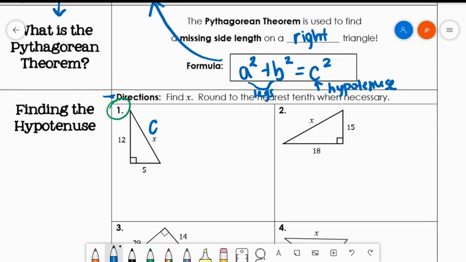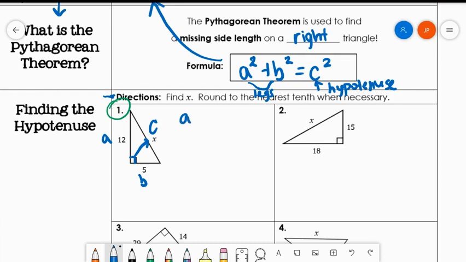An easy way to tell, though, is start at that right angle and go across from it. Whatever's across from that right angle is going to be my C. And I'll throw A and B on these other pieces. Like I said, it doesn't really matter about A and B. I could have made 5 A, I could have made 12 B. The most important part is that C.